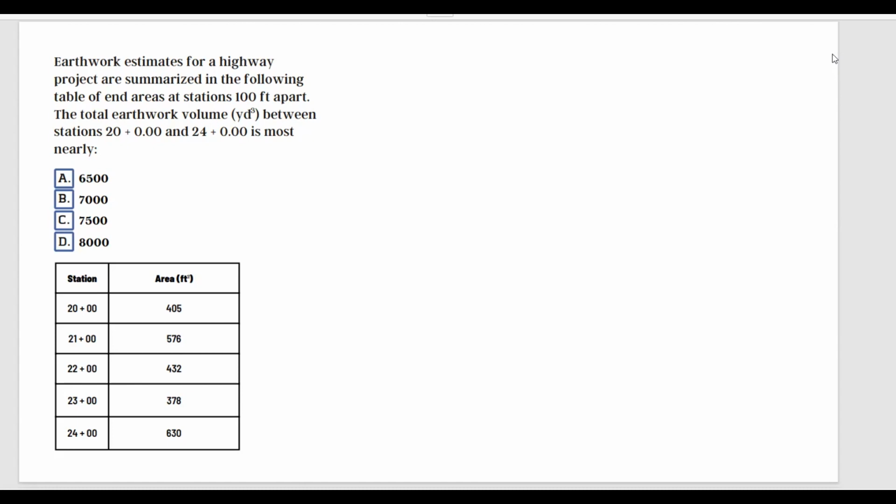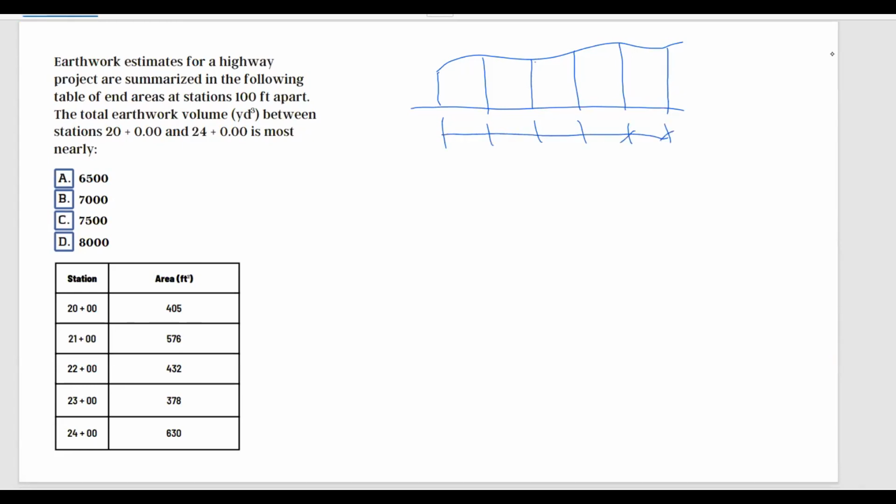There are a few ways you can solve this problem, but the fastest way is to use trapezoidal rule. You are familiar with using trapezoidal rule for calculating areas. You remember we calculate the area under a curve when we have distances spaced at the same distance.